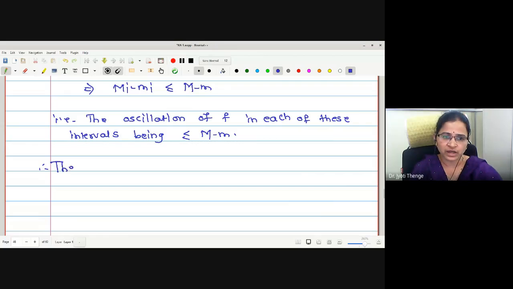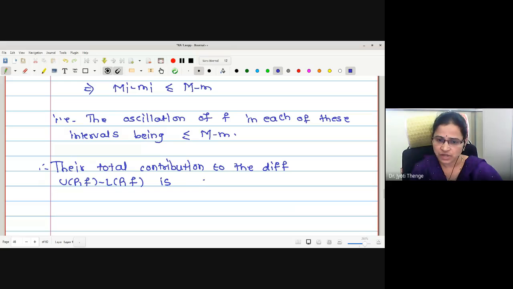Now we will write their total contribution to the difference UPF minus LPF. What is the total contribution? We have seen capital M minus small m into epsilon upon 2 times M minus m, which is equal to epsilon by 2.